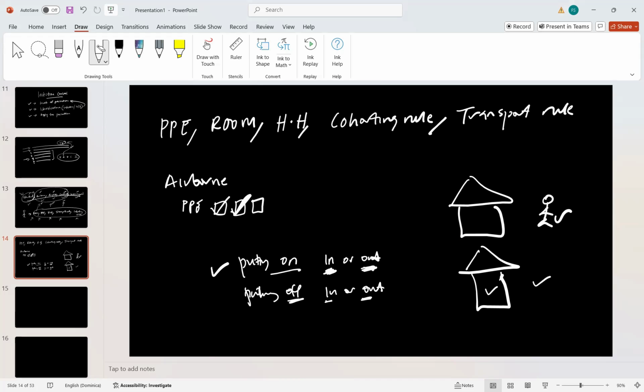Inside. Okay, why are you taking off the PPE inside the client room for airborne? Because you don't want to transfer everything that's inside outside. So don outside, doff inside.